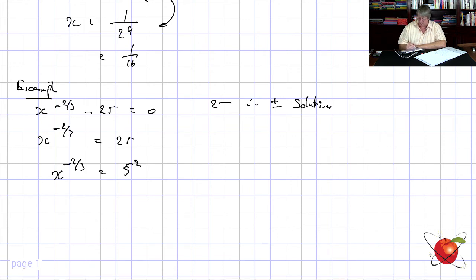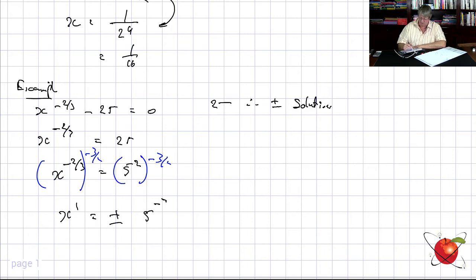There are our prime factors. Now I want to get rid of that power there. So I multiply by minus 3 over 2. Now at this point, x to the power of 1 is going to be equal to plus or minus 5 to the power of minus 3, because I've accounted for my even power here, which is going to be plus or minus 1 over 125, which is 1 over 5 cubed, is it not?